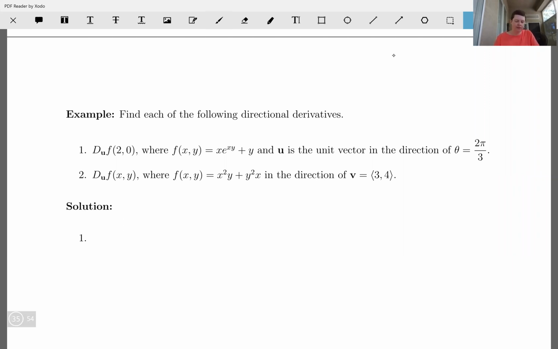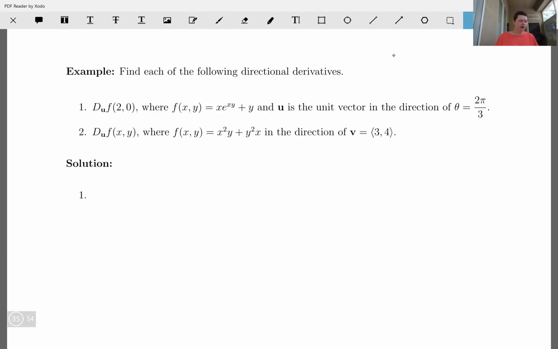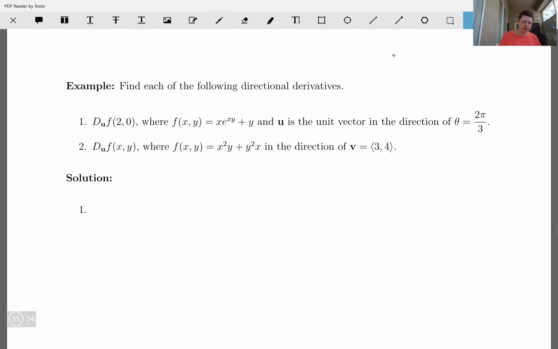Let's find the directional derivative of f evaluated at the point (2, 0), where the function f is x e to the xy plus y, and u is the unit vector in the direction of theta equals 2 pi over 3. All right, so what do we do first? First, let's just find u.